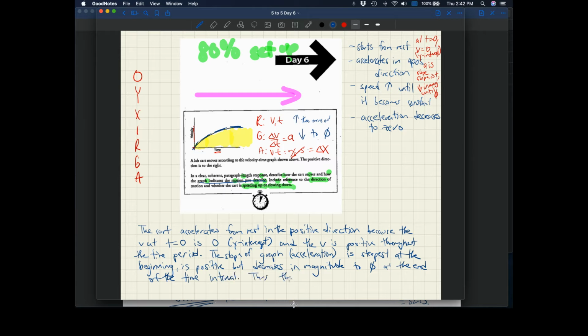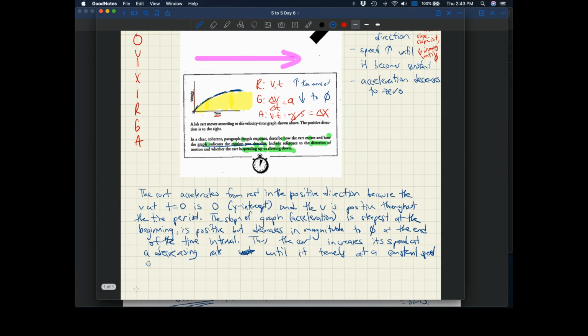Thus, the cart increases its speed at a decreasing rate until it travels at a constant speed at the end of the interval.